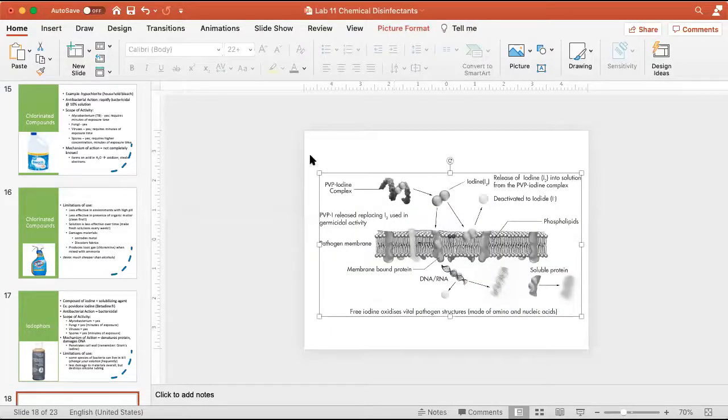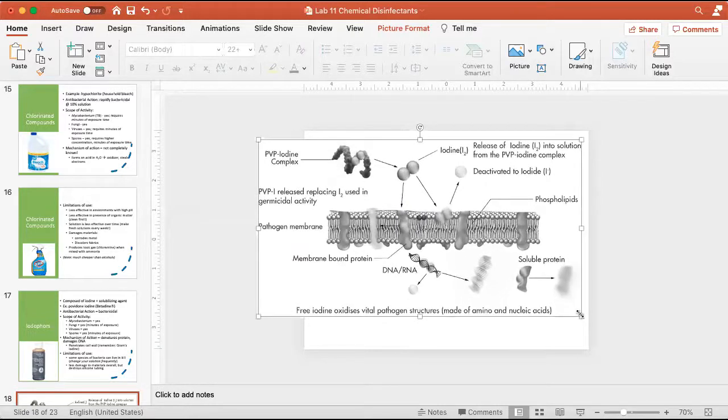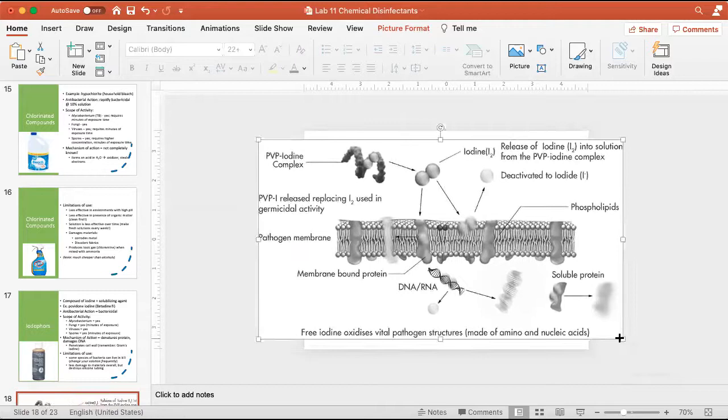So this is kind of a complicated drawing on this slide. I don't want you to get too concerned about all the terminology, but I liked this image that the artist has drawn. This represents a bacterial cell, and they've taken away the cell wall. All we're looking at is the membrane around the cell here.